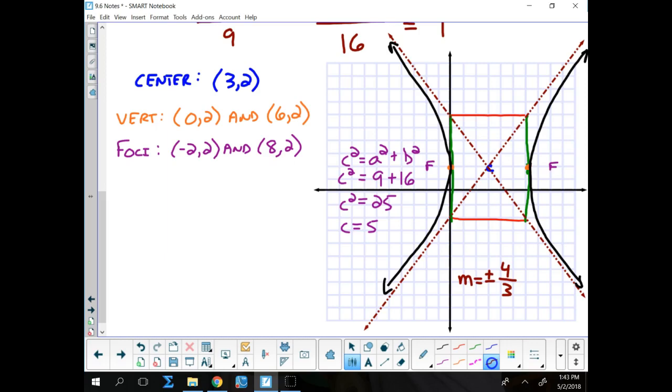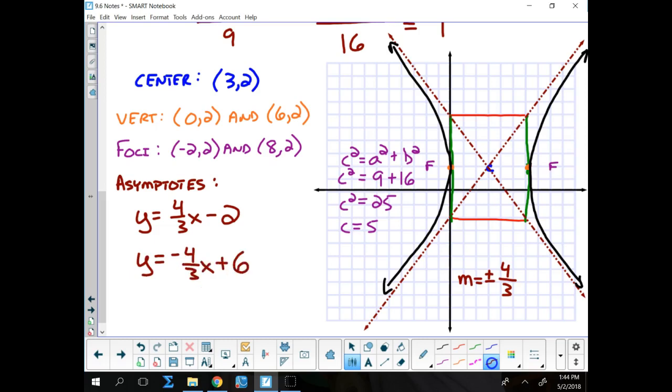Because we got a side of the box on the y-axis. So y equals positive 4/3 x. That's this bottom one going up there through -2. So that's 4/3 x minus 2. And then we've got y equals -4/3 x plus 6, the top one going down. Okay?